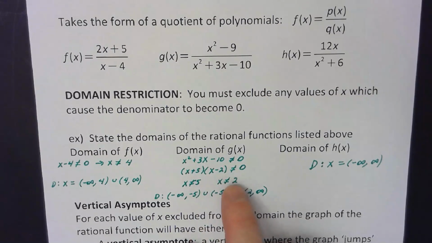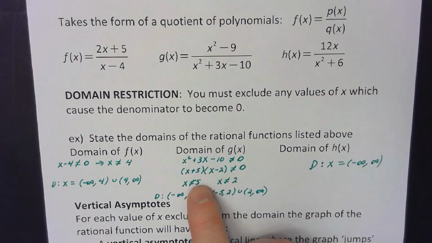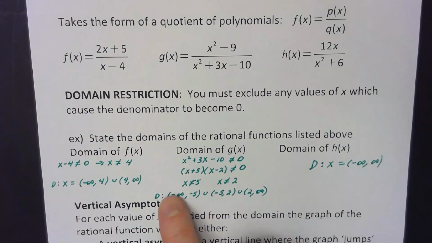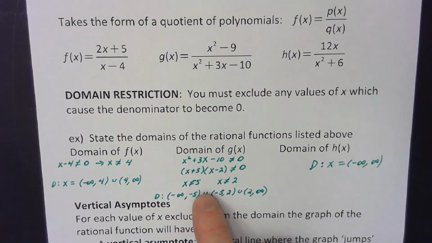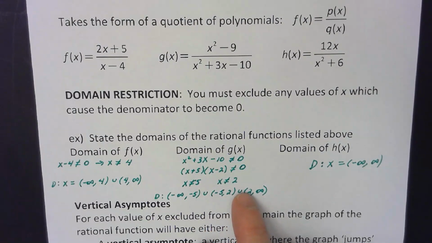So if x cannot equal positive 2 nor negative 5, then that sets up a domain for our function. x can equal any value from negative infinity to negative 5, union any value from negative 5 to 2, and then again union any value beyond 2, so from 2 to infinity.